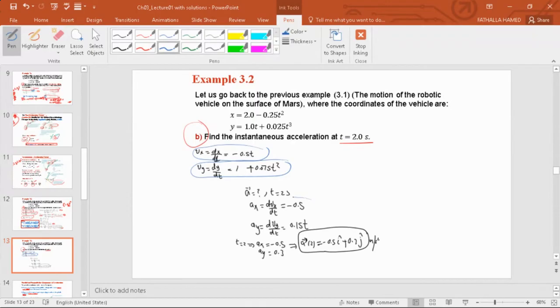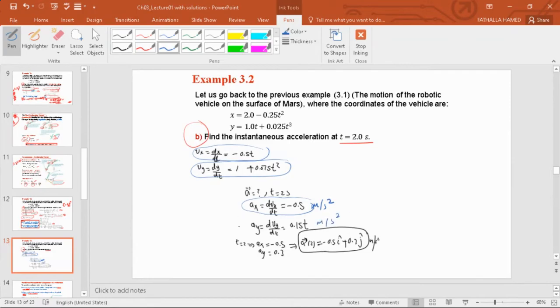So the x component of my instantaneous acceleration is dVx by dt. When you take d by dt of minus 0.5 t, of course, the derivative of t with respect to t will be 1, and you will get minus 0.5 meters per second squared. The ay will be dVy by dt. So the 1 here will become 0. The t squared here will give you 2t. And 2 times 0.075 will give you 0.15 t meters per second squared.